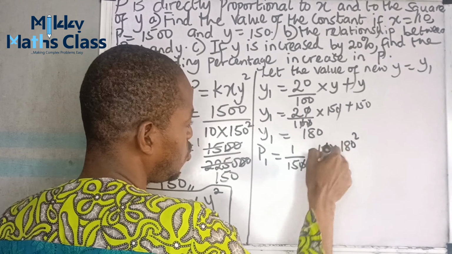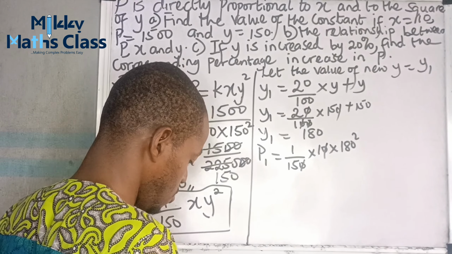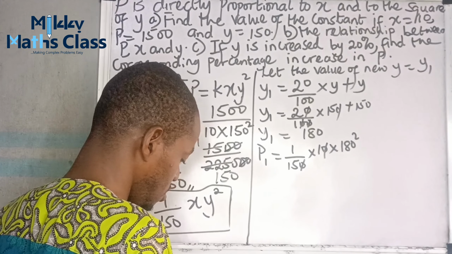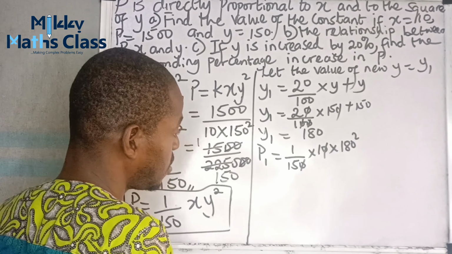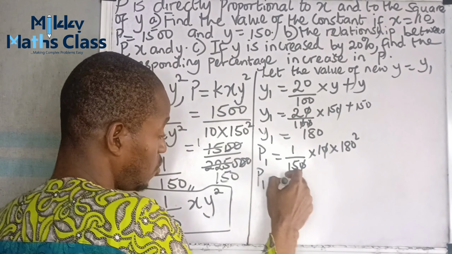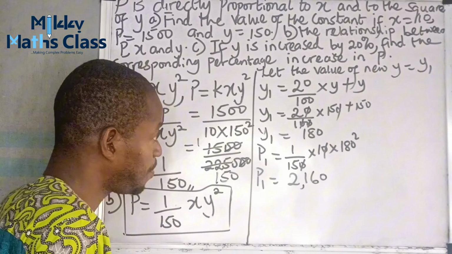So this and this will go off. We have that 180 times 180 will give us 32,400 divided by 15. That will give us the new value of P1, which is 2,160.